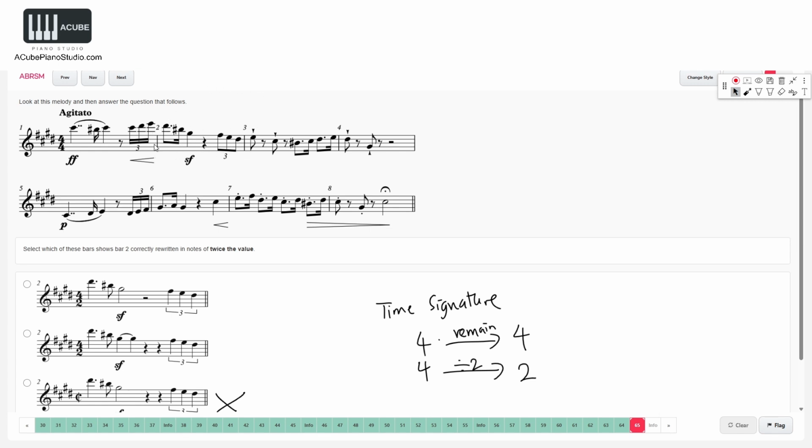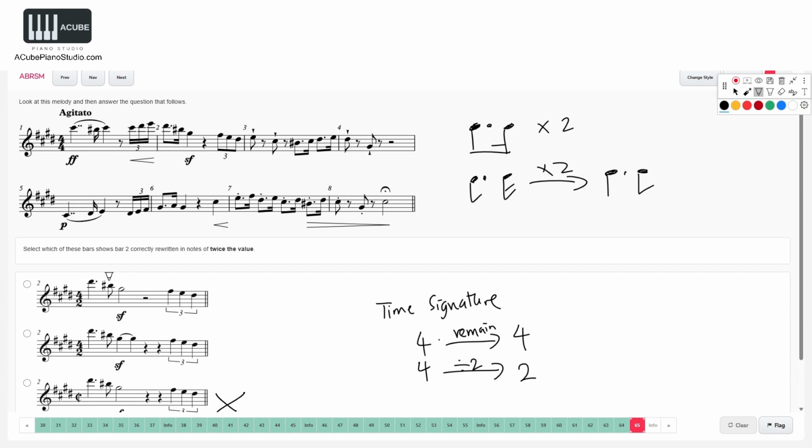So let's take a look at bar 2. I want to times 2, that means a dotted quaver and a semiquaver will now be equal to a dotted crotchet, and this semiquaver will now be equal to a quaver. So it should be a dotted crotchet followed by a quaver.